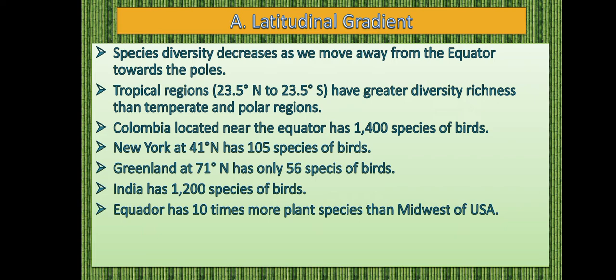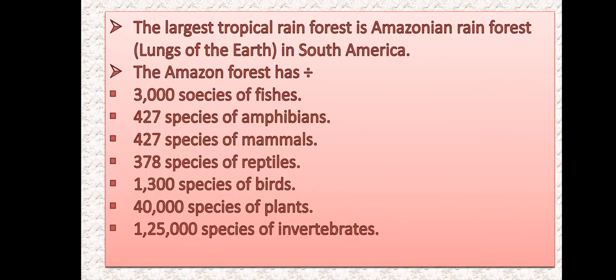Ecuador, that is a country which is situated near the equator, has 10 times more plant species than Midwest of USA. The largest tropical rainforest is Amazonian rainforest, which is also called the lungs of the earth, which is situated in South America.